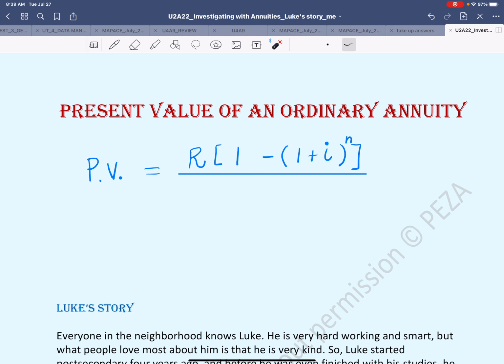Now, there is something different in this formula when we discuss present value. Remember that in present value, you own the money and you are generating income from the money you own, right? So you're not saving for the future. In a way, we're kind of going back in time.